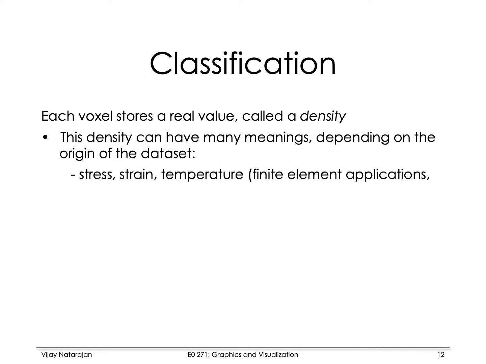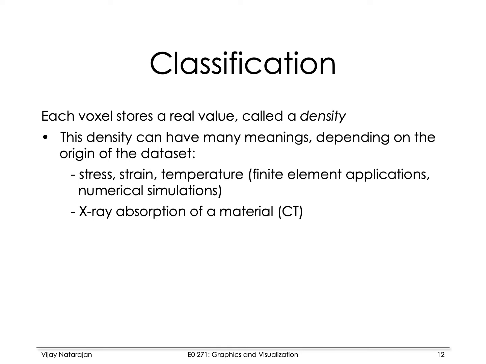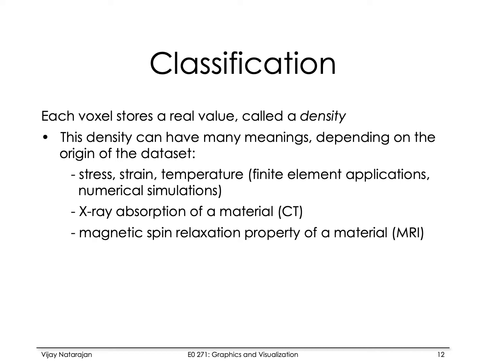It could be stress, strain, or temperature, typical from numerical applications, simulations, finite element methods. It could be X-ray absorption of a material, as is true for a CT scan, or it could be the magnetic spin relaxation property, as what you would get from an MRI scan, or it could be a material tag per voxel.